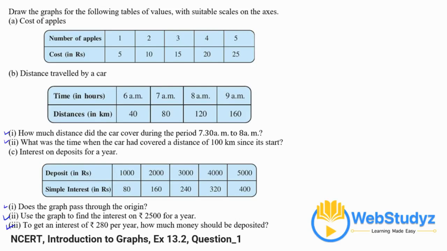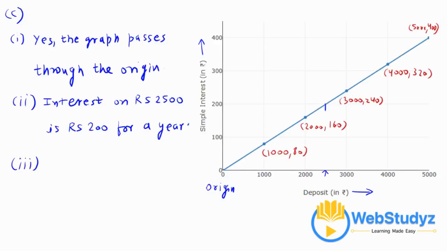Now move on to the third part, that is to get an interest of 280 per year, how much money should be deposited? So at 280, which would be something like here, we can say that it would be around the middle of 3000 and 4000, which is nothing but 3500.